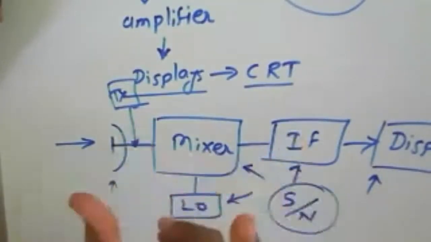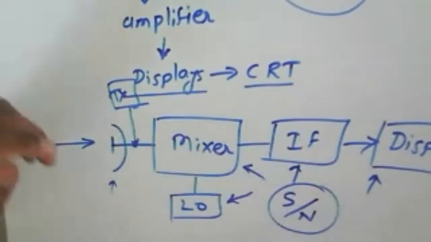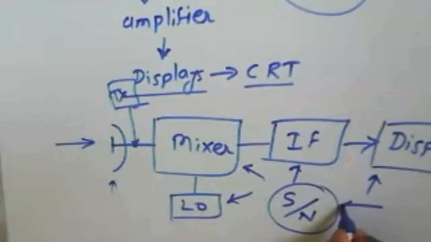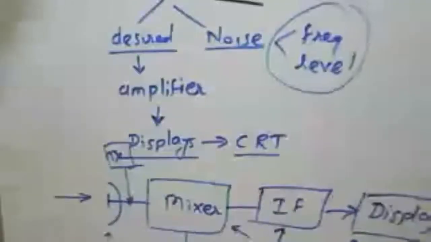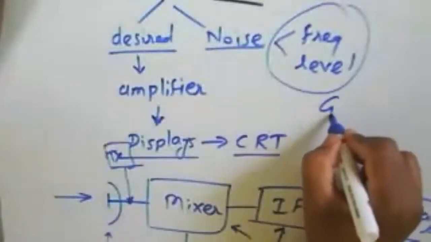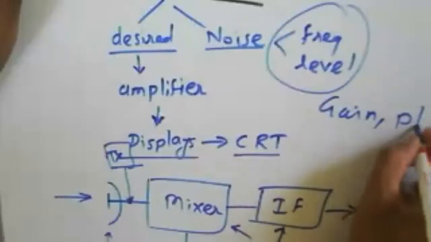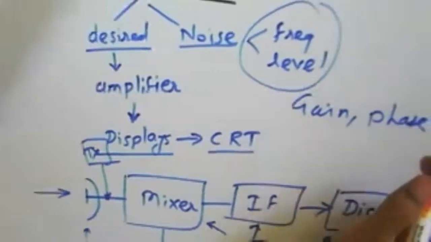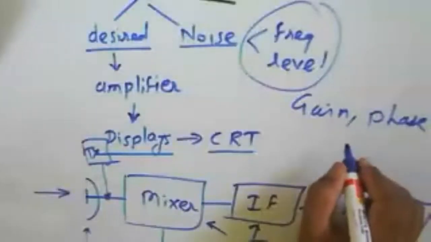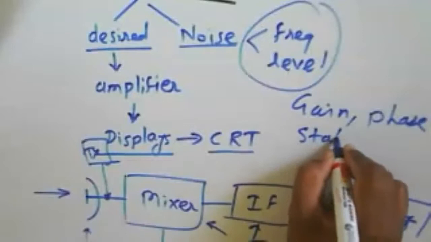So we need to find out, for a given receiver, exactly what the gain of each component is, so that the signal to noise ratio will be increased. So while designing the receiver, we need to see a few factors. In that case, we need to know what the gain will be, then what the phase will be, then we need to know about the stability of the component.